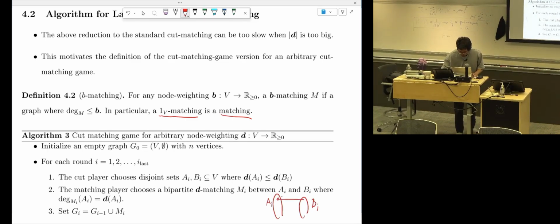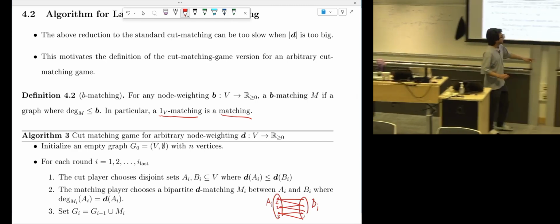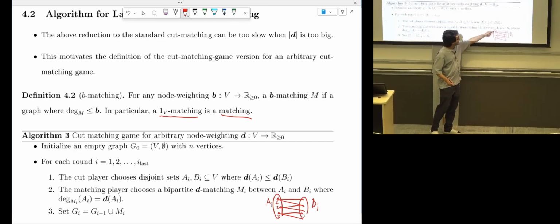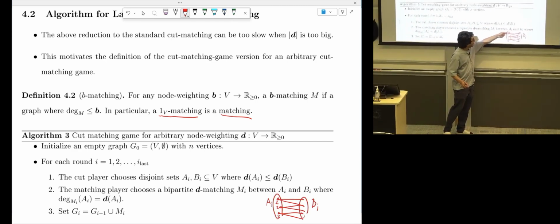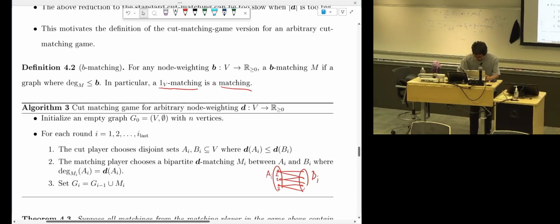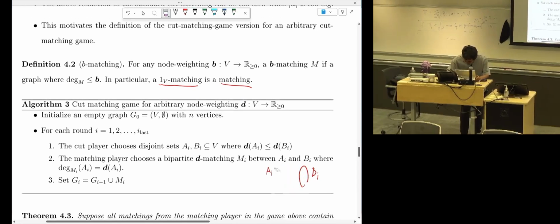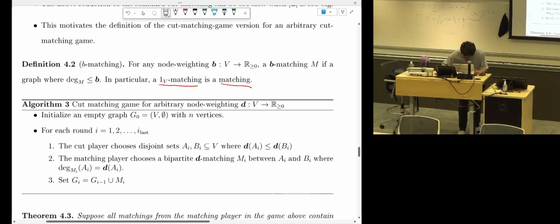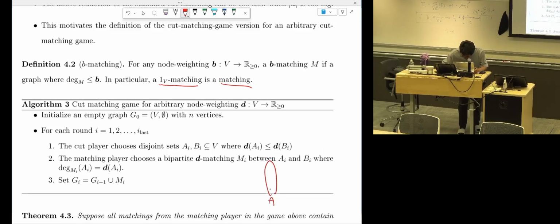And now you choose some matching. It's still going to be bipartite, but if this is 2 and this is 2, then you just choose M to be like this, 2. Even if it's fractional, it just looks like this maybe. Let's say this is 0.7, this is 2, this is 1.